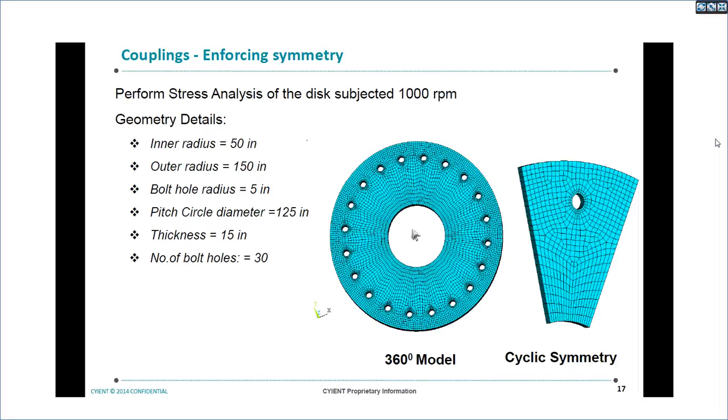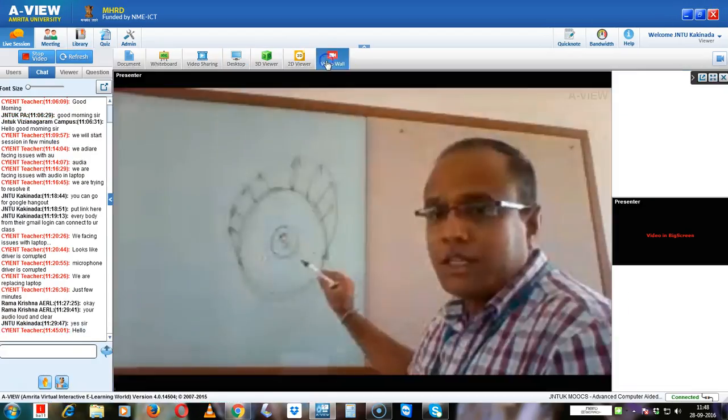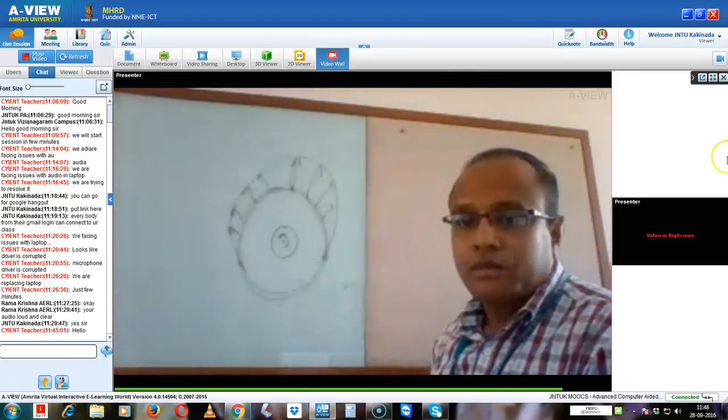No need to analyze the complete 360 degrees model. Suppose you have a loading pattern that varies throughout 360 degrees: here it is zero loading, but here we have peak loading. Then we cannot use a sector model. We need to use the 360 degrees model because the load is varying, and the highest loading happens at this location.